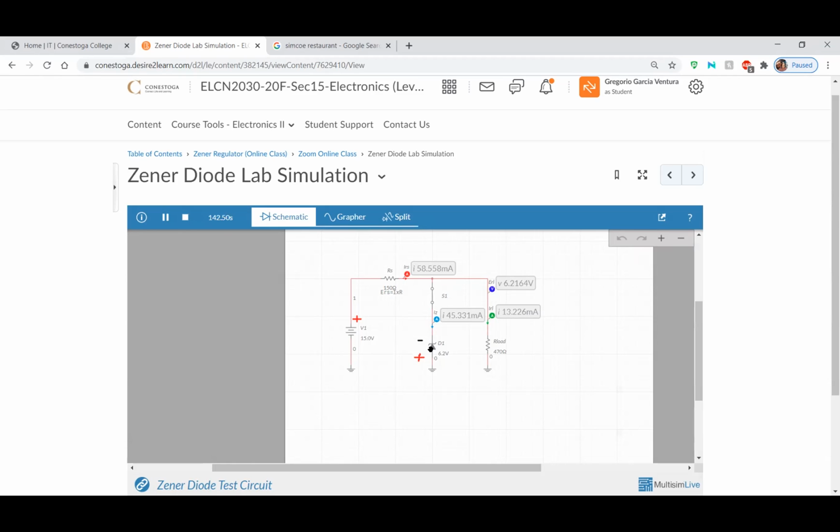That is what gives your Zener diode a fixed voltage and lets your load keep a constant voltage regardless of the input voltage variation. That's why Zener diodes are used as voltage regulators. Any questions so far, guys?